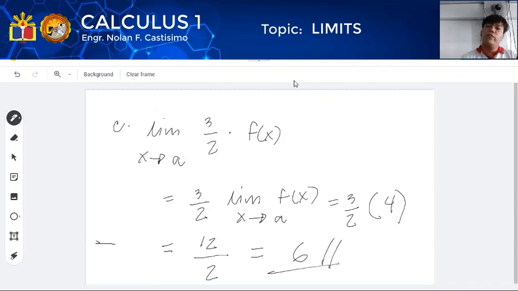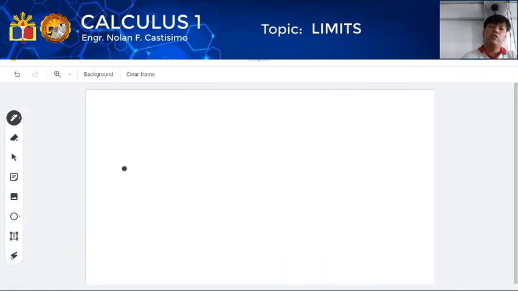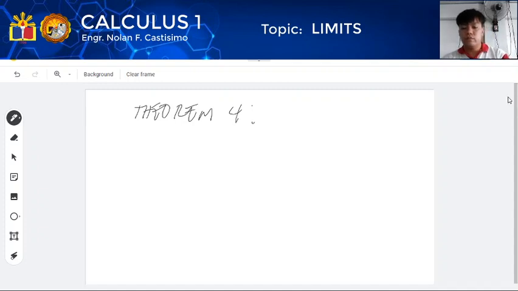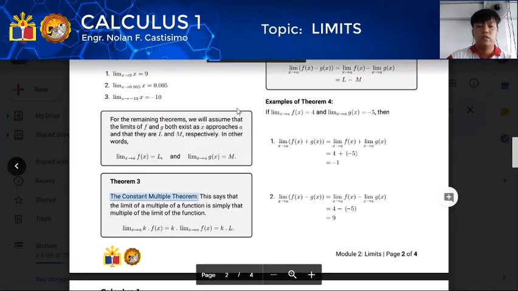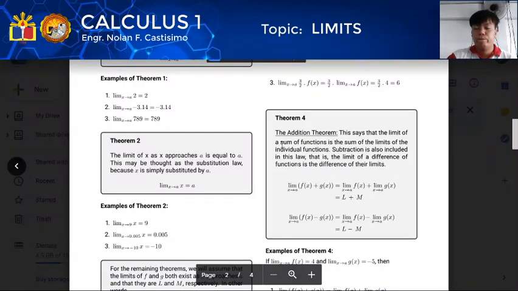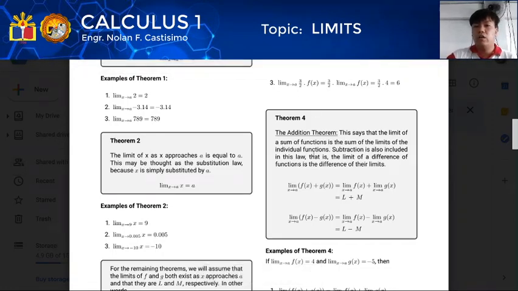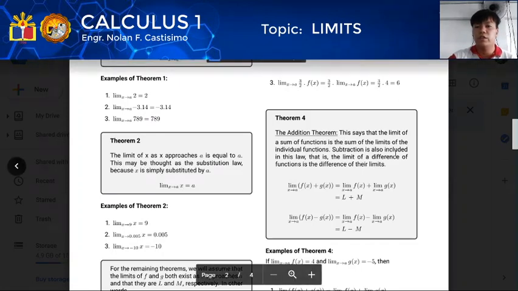Next, we have the theorem 4. Theorem number 4, or the addition theorem. This says that the limit of a sum of functions is the sum of the limits of the individual functions.